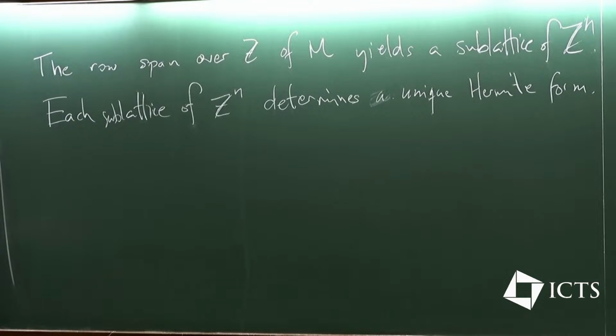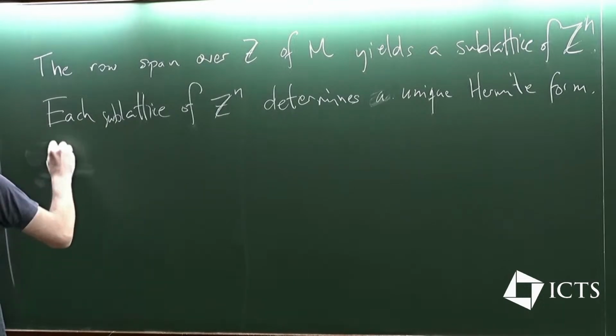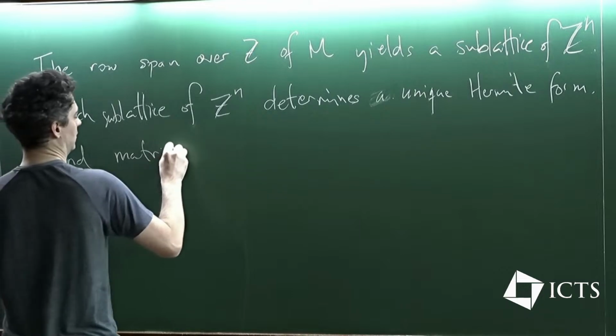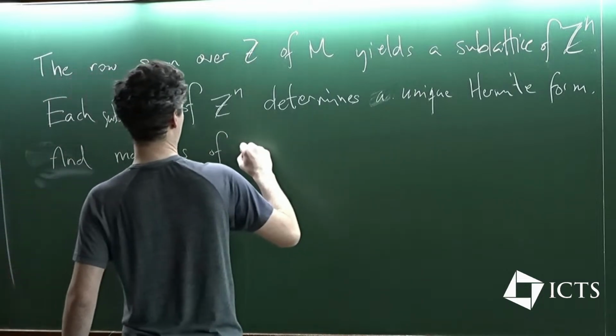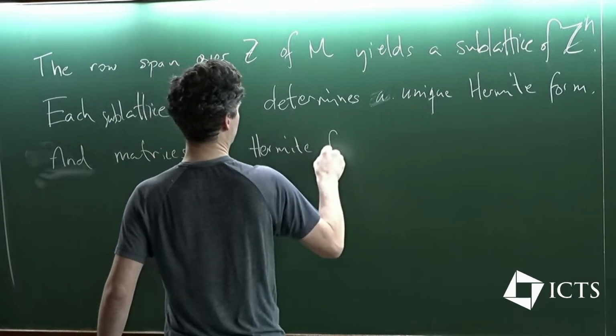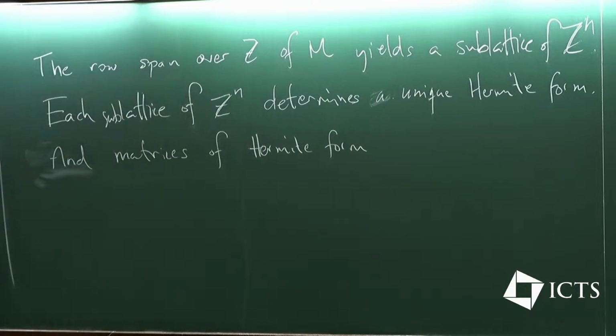What else do I want to say? Oh, yes, and matrices of Hermite form. Let me explain what that means. Matrices of Hermite form, I just mean any matrix, upper triangular, that satisfies those properties, namely that it satisfies this particular property right here.